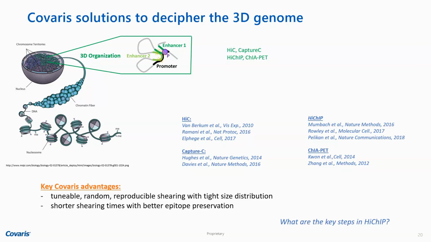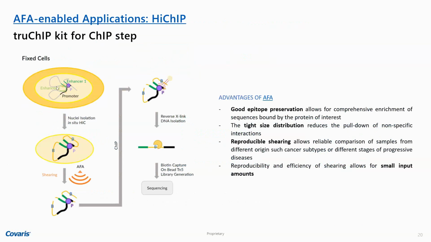So how does the HiChIP workflow look? You start over again with your fixed cells, and then you perform the nuclear isolation. As I mentioned before, many people use the Nexon protocol for that.